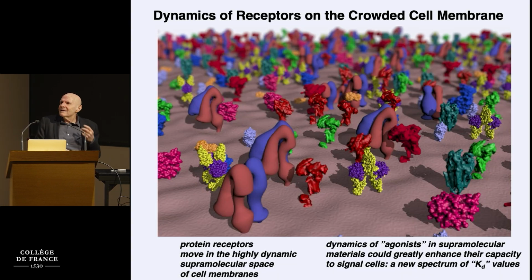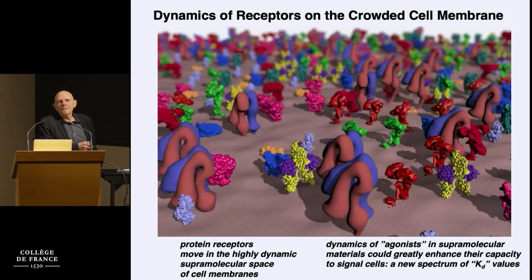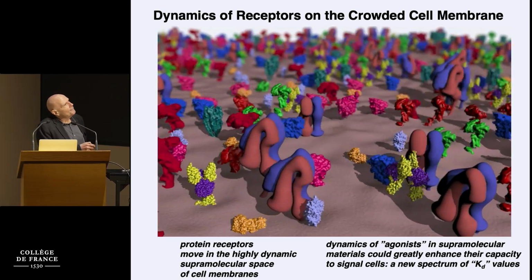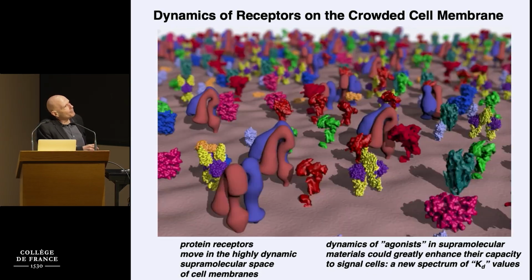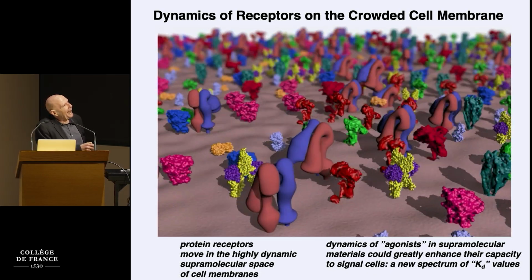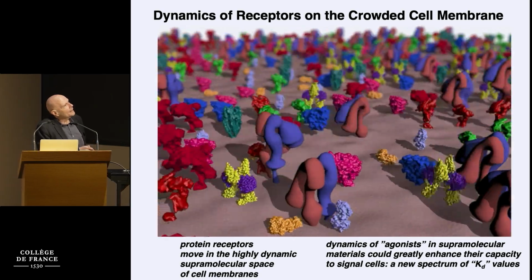And now, why is this so important and so interesting to think about scientifically? Well, the landscape on the cell surface is very crowded in terms of many different kinds of receptors. They can start pre-clustering, but how in the world do the ligands recognize their targets so efficiently in this space?